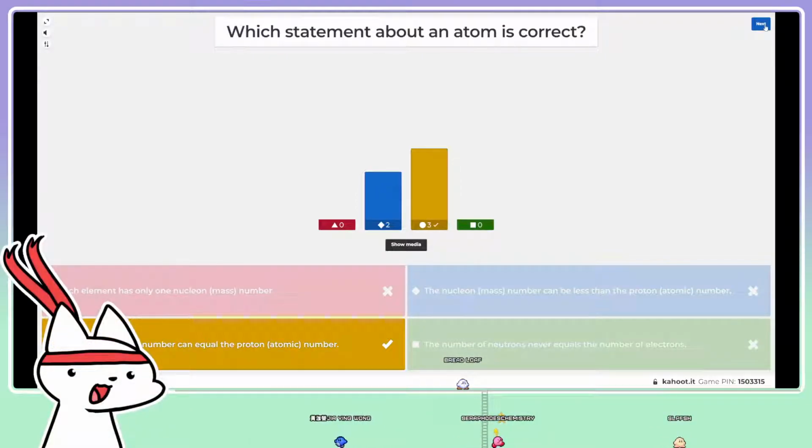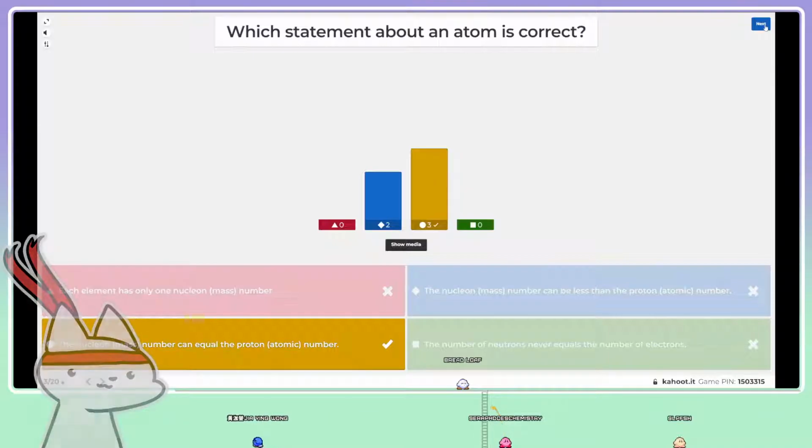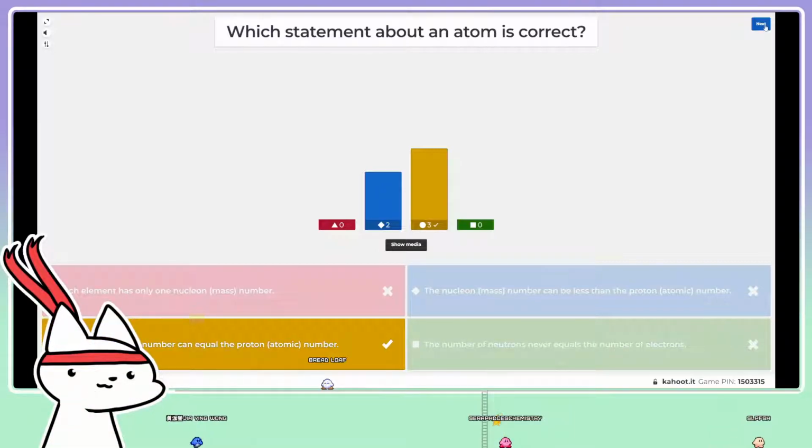The closest thing is proton and mass number being the same, which is D. Hydrogen is the only element where its mass number can equal the proton number. So yellow is the tricky one. Blue tests students' understanding of proton plus neutron adding up together to form nucleon number, also known as the mass number.